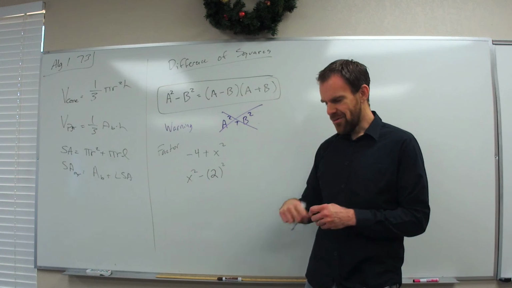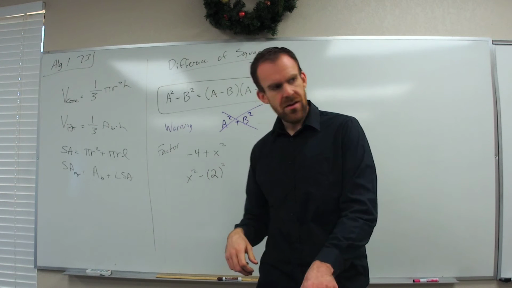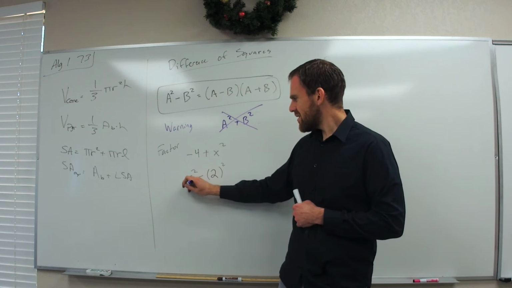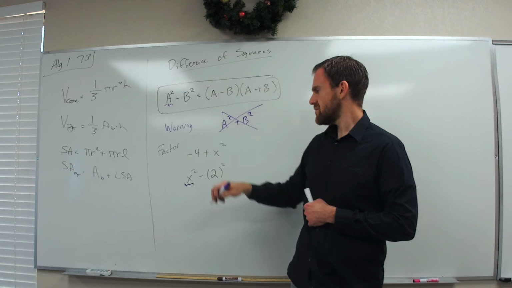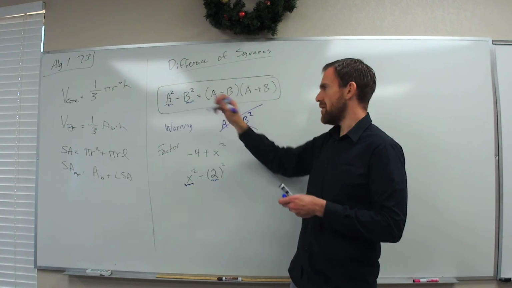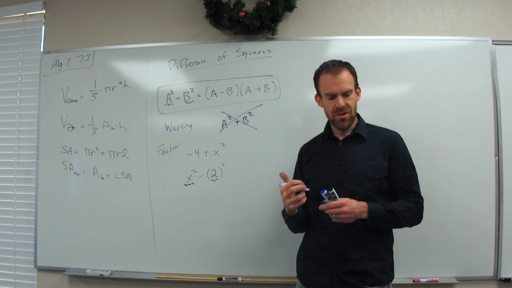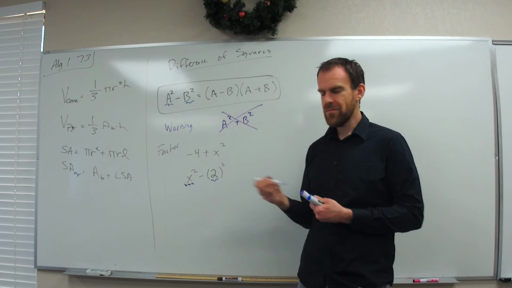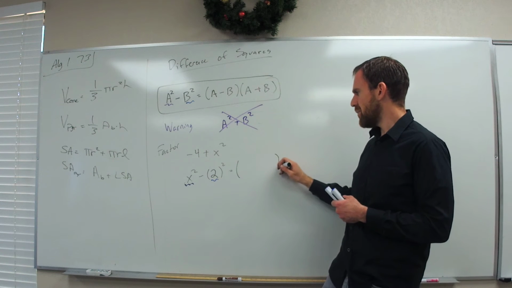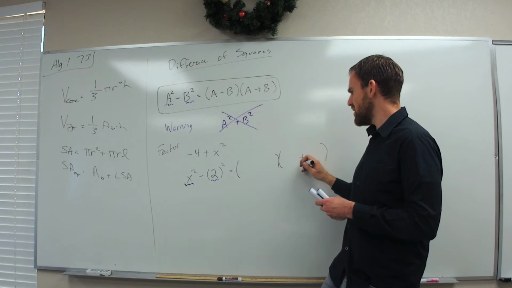Now, why did I write it that way? This x is A, and this 2 is B. So what is this going to be in factored form? It will be A minus b times a plus b.